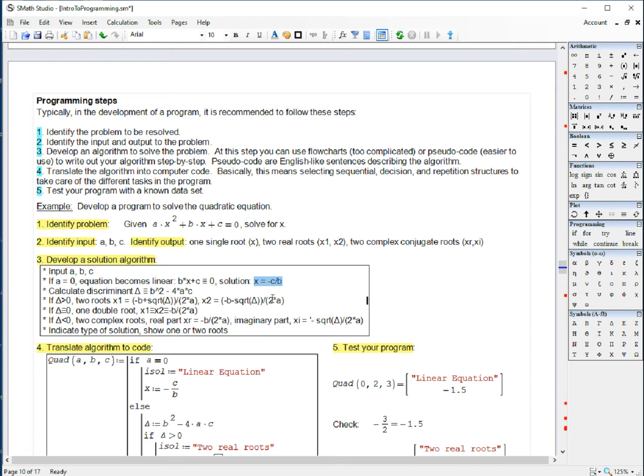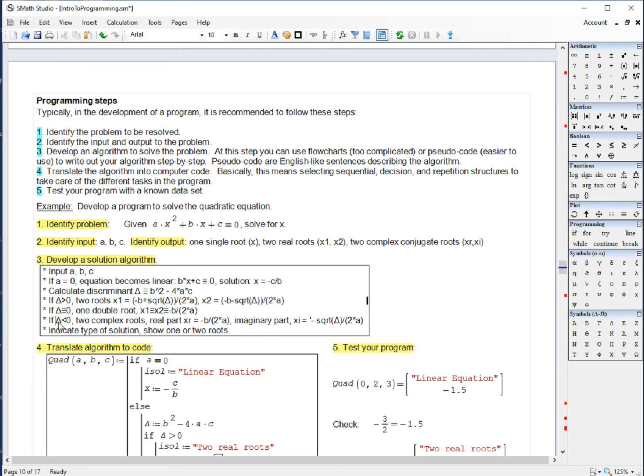That's one option. If not, we're going to calculate the discriminant, and the discriminant is the quantity b squared minus 4ac. If that discriminant is positive, then we have 2 real roots calculated by these formulas. This is the quadratic equation solution that we know from high school. If the discriminant delta is equal to 0, then we have a single double root equal to minus b over 2a.